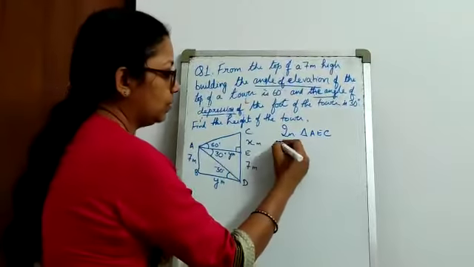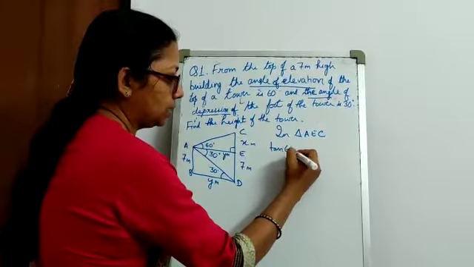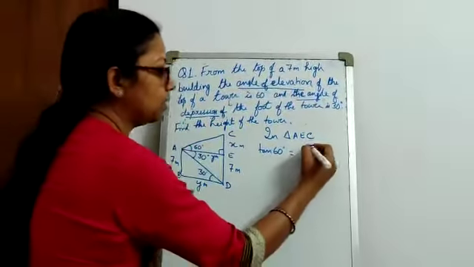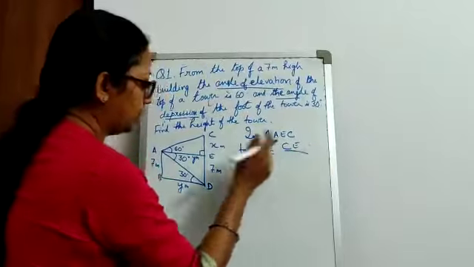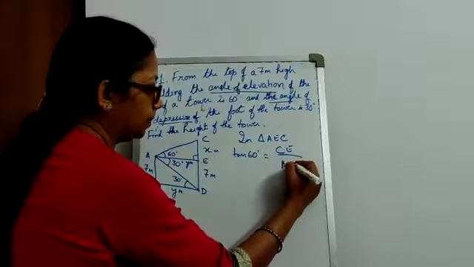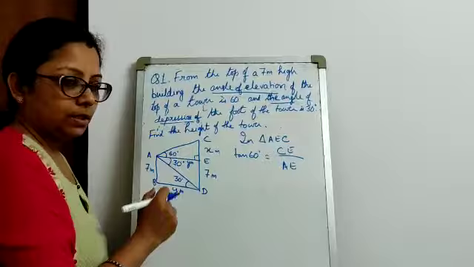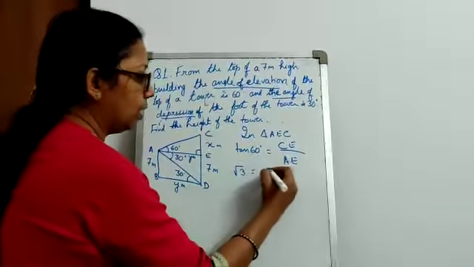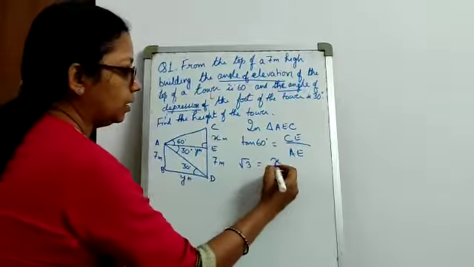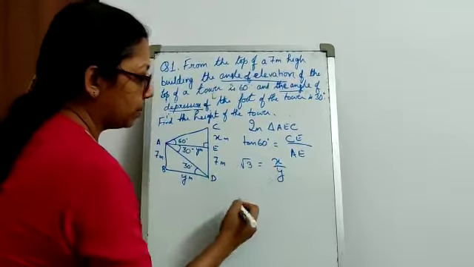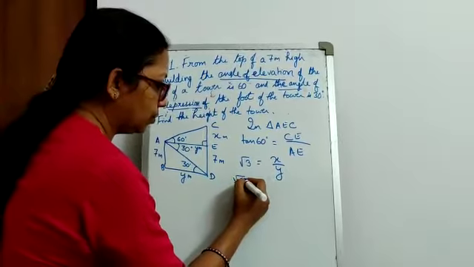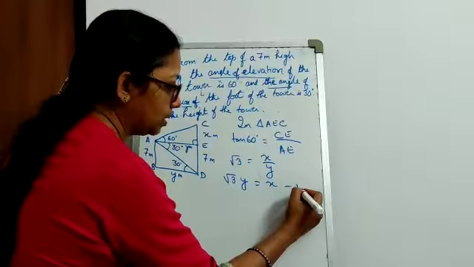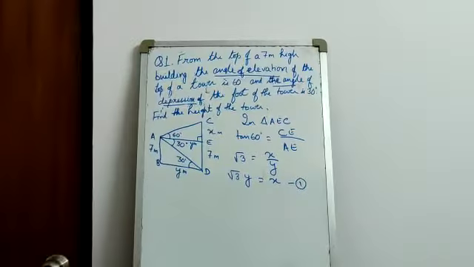So tan 60 is equal to perpendicular by base, that is CE by base AE. We know tan 60 is root 3, so root 3 is equal to X by Y. After cross multiplication, we can write root 3 into Y is equal to X, and we name it equation 1.